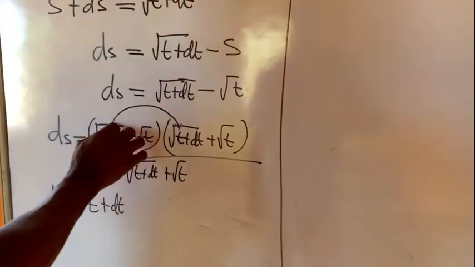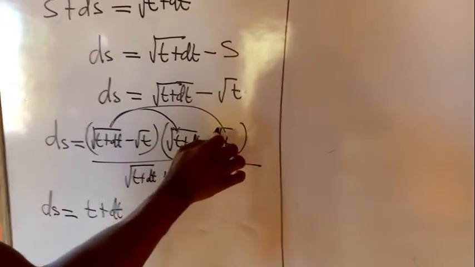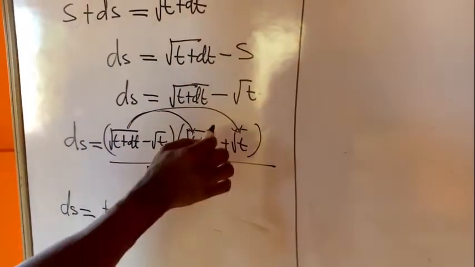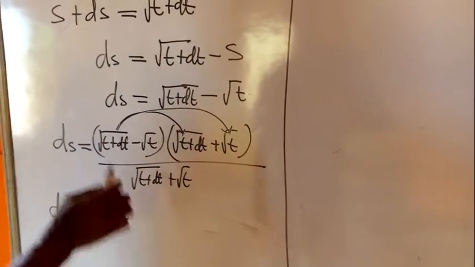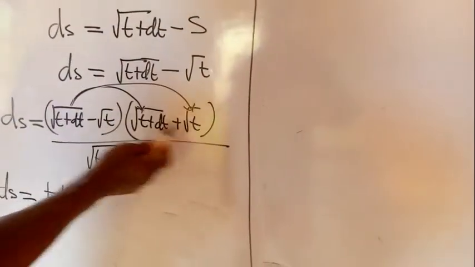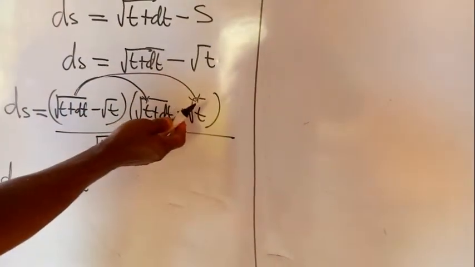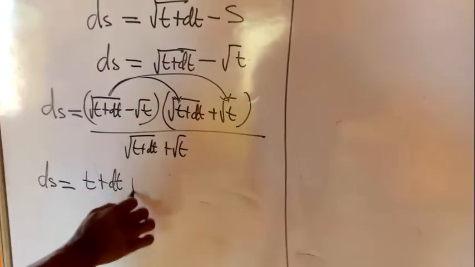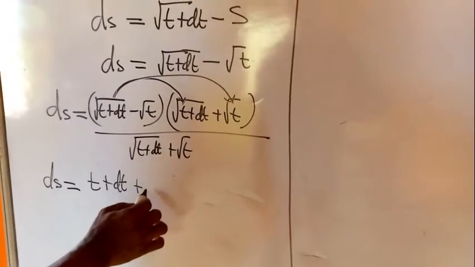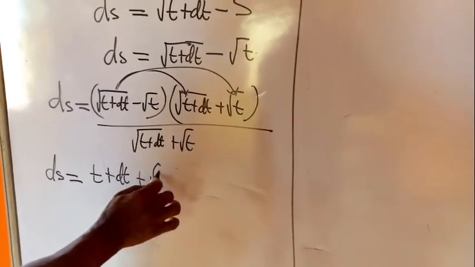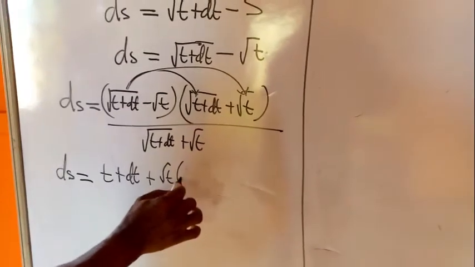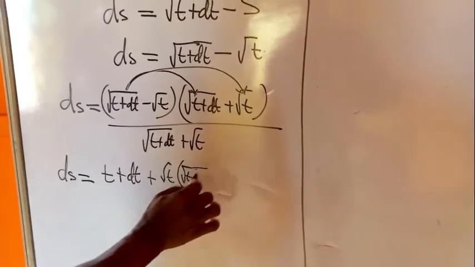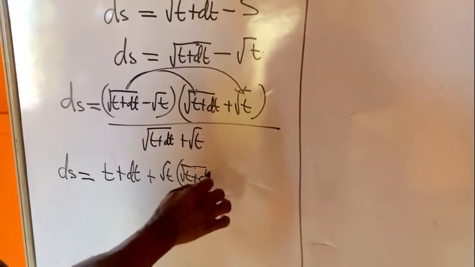If you multiply this one by this, and this one by this, you are going to have plus root t into root t plus t.